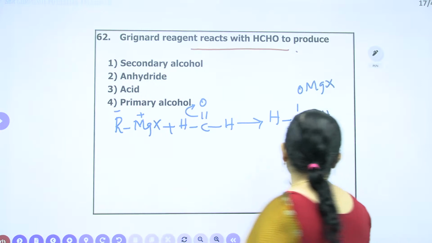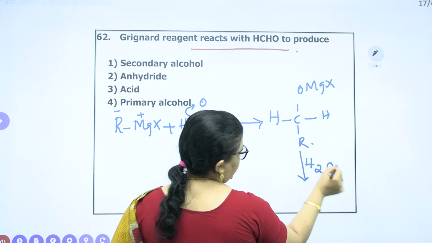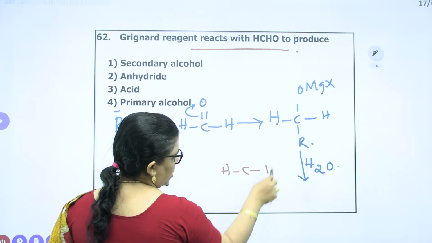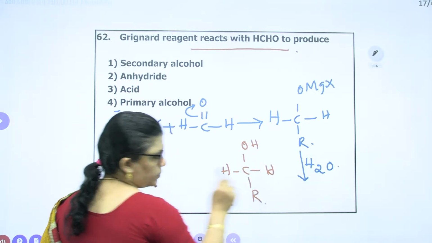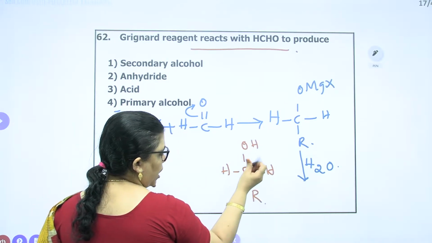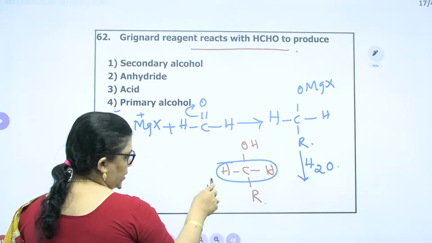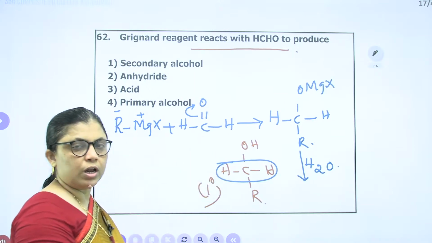This on hydrolysis gives H, C, H, OH and R. What is the nature of this alcohol? Primary. Formaldehyde gives primary alcohol.